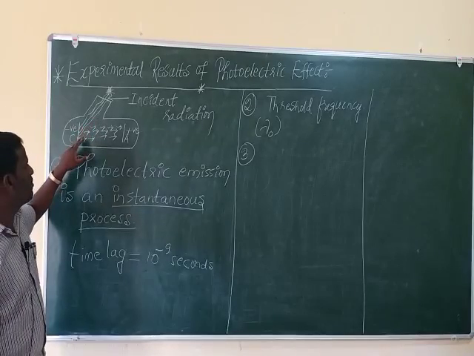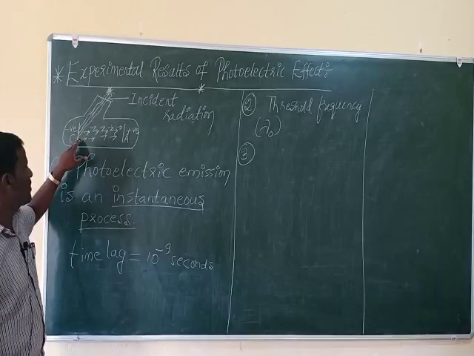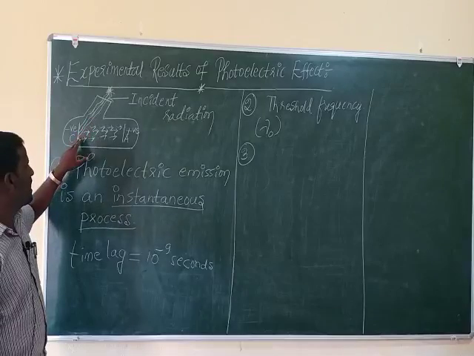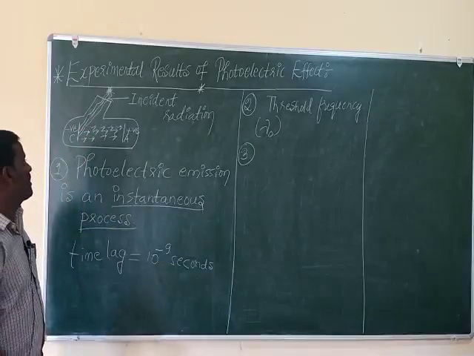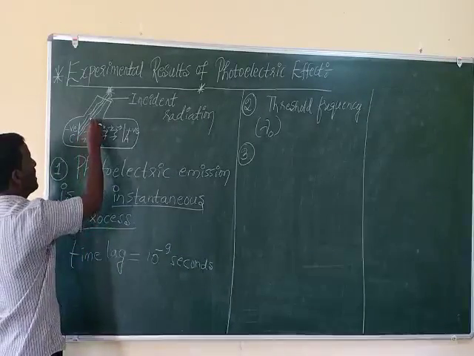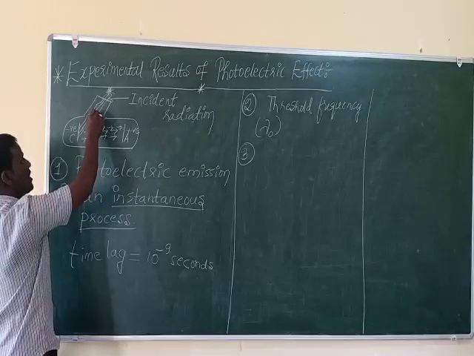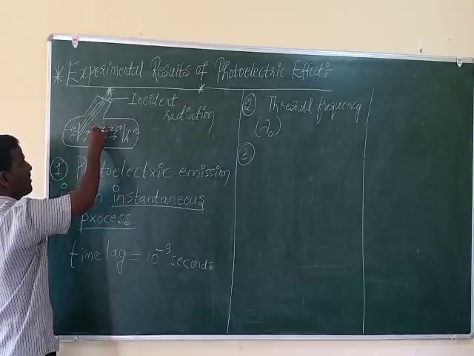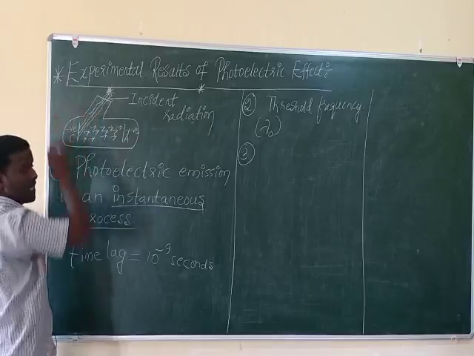More the intensity, more number of electrons emitted from the plate C. Lesser the intensity, lesser number of electrons emitted from the plate C. So here one thing I can tell you, intensity increases, the photocurrent increases; intensity decreases, the photocurrent decreases.